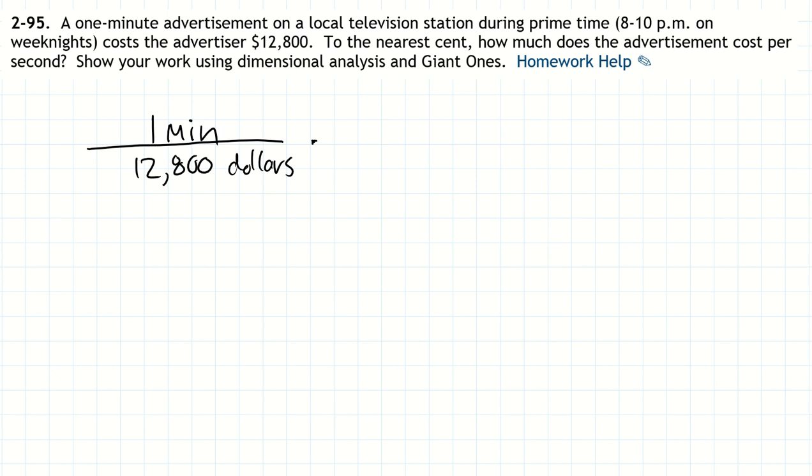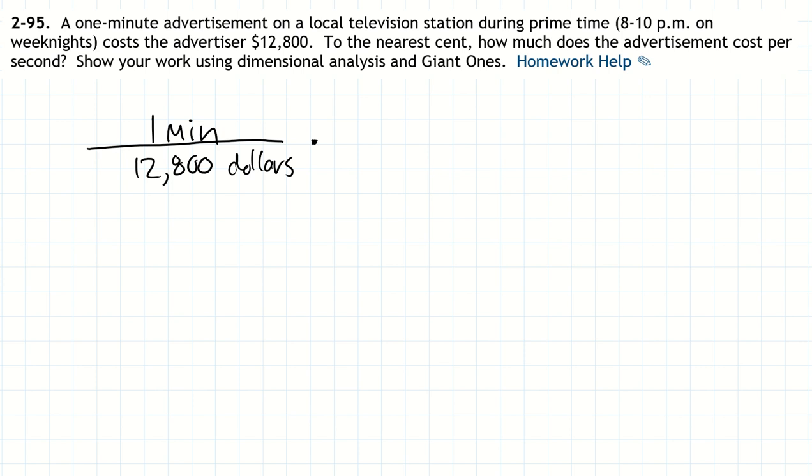And the question says, how much does that cost per second? Oh, I'm just going to have to use a giant one here. The problem only gave me the one rate. The one rate was a minute costs $12,800.